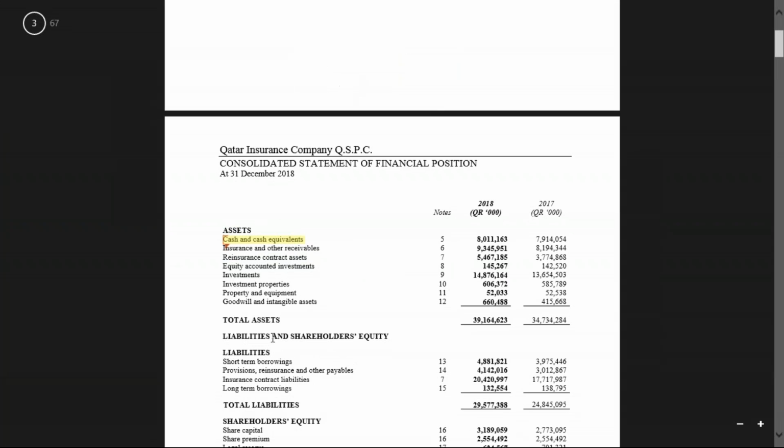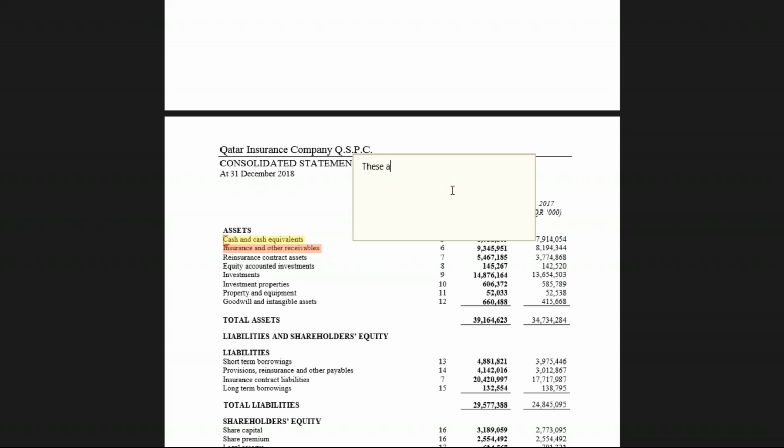As I was saying, insurance and other receivables obviously come into our purview because these are contractual receivables which are expected to be received over a continuous period of time.